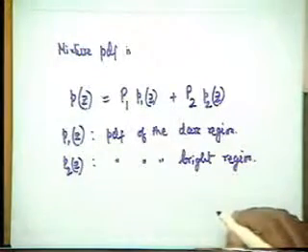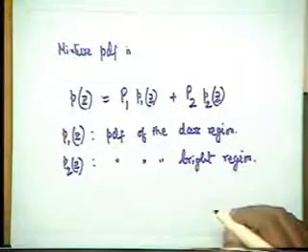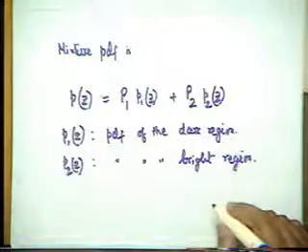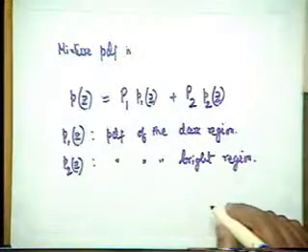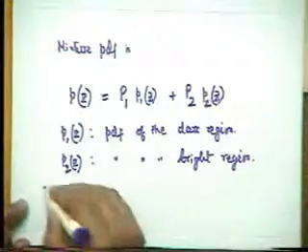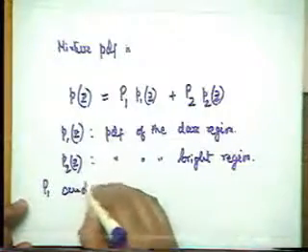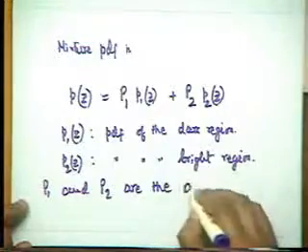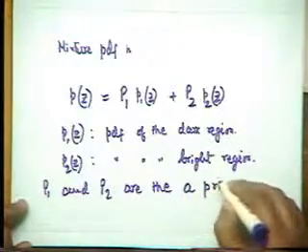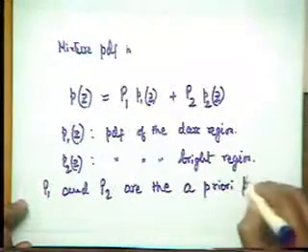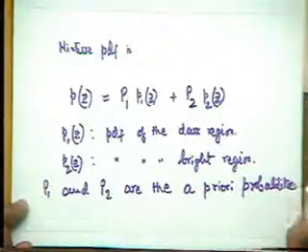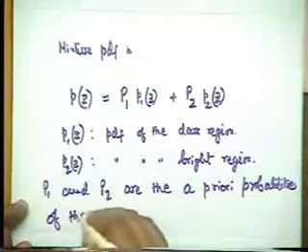And what are capital P1 and capital P2? Capital P1 and capital P2 are the a priori probabilities of the two levels.